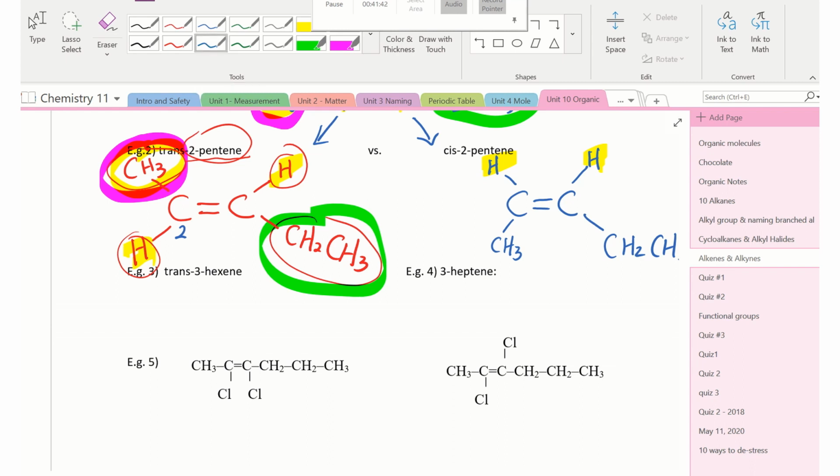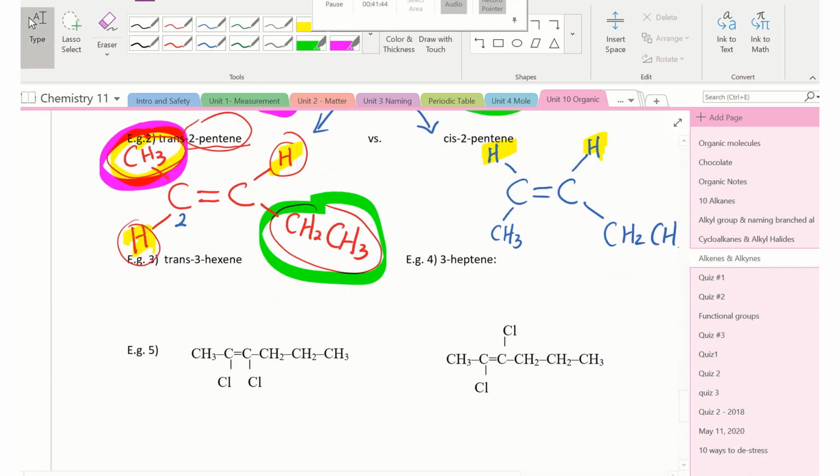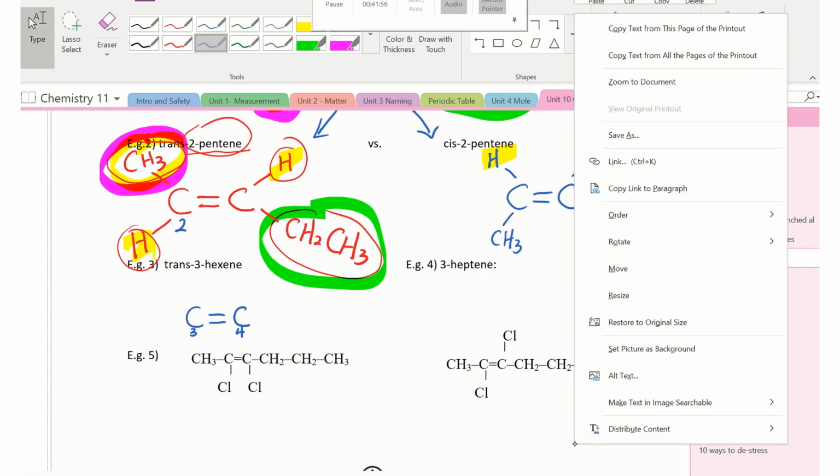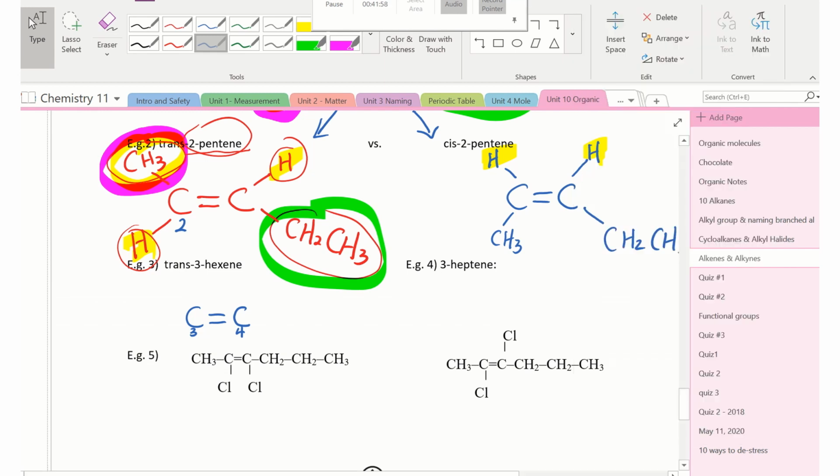hexene, 6 carbons. Okay, so how I would do this one is I'm going to do just a double bond like this in the middle. So that would be my 3rd carbon and the 4th carbon here. And since it's trans, I know my hydrogens would be on the opposite end like this.